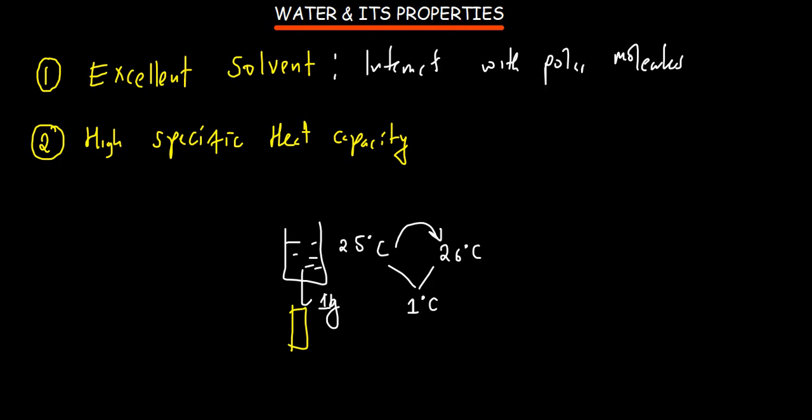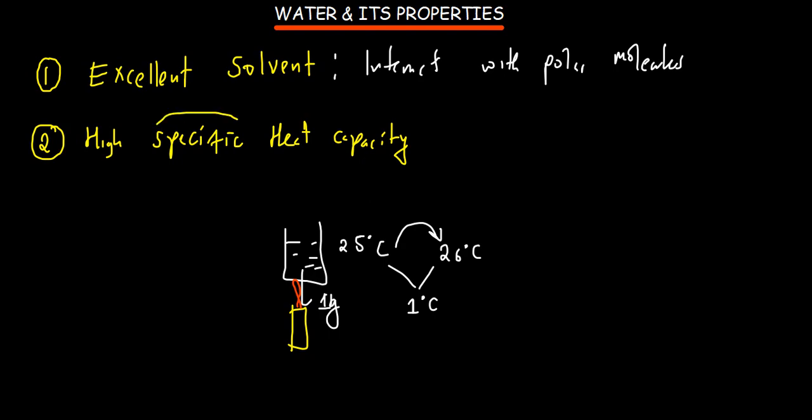Let's say maybe there is a candle there that is burning, you need to put heat here, and that heat will start raising the temperature. So specific heat capacity is the amount of heat that is required to raise the temperature of 1 gram of a substance by 1 degree Celsius. We just want to raise the temperature of 1 gram by 1 degree.